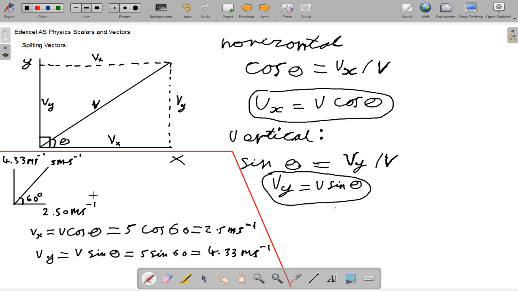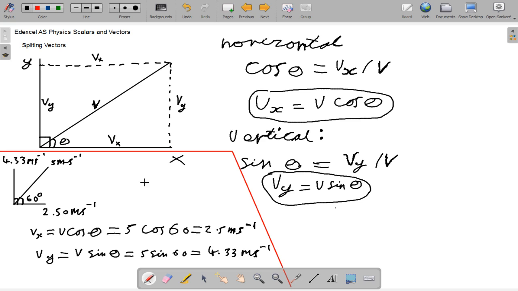So looking at a quick example now, we have one velocity at 4.33 ms^-1 and another velocity at 2.5, resultant at 5 and the angle at 60. This is the angle of the resultant velocity.